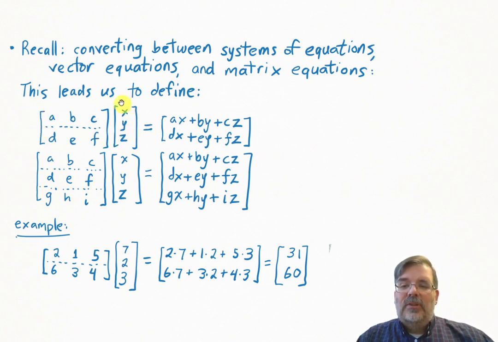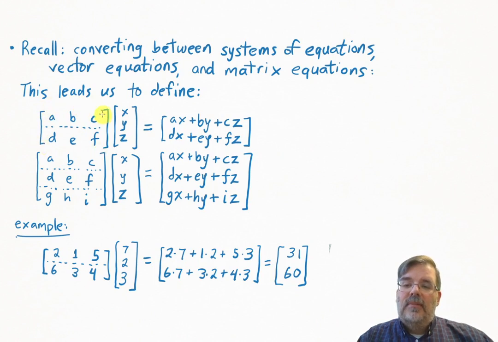And so you might imagine we have, for instance, the left-hand side of a matrix equation. We have a coefficient matrix times a vector of variables. Well, that should be equal to this expression right here. In particular, note here, we have a 2x3 matrix. There are 2 rows and 3 columns.